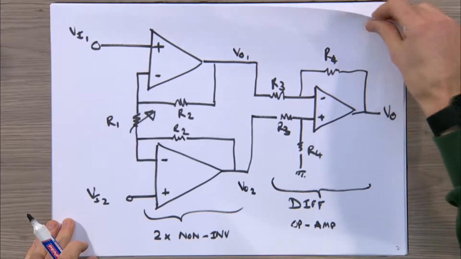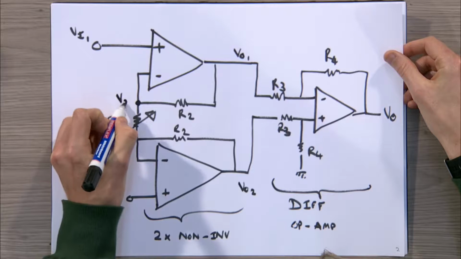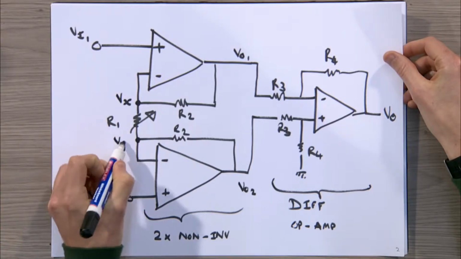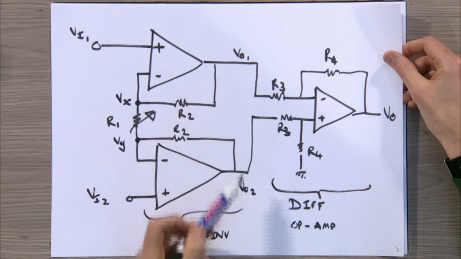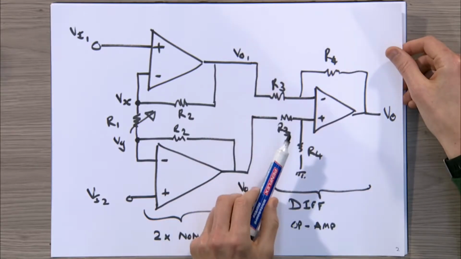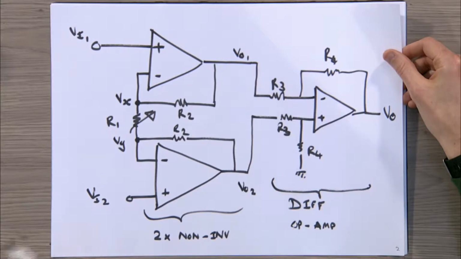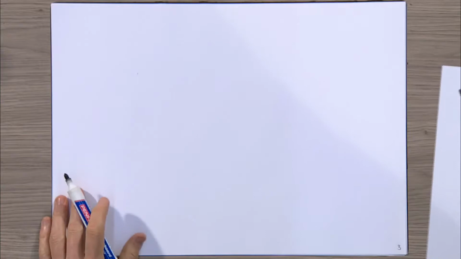Okay. So let's analyze. We're going to do node analysis at this point, which I'm going to call Vx, node analysis at that point, which I'm going to call Vy, and then that will help us to determine Vout1 and Vout2, which we will plug into our equations for the ideal difference amplifier, and will give us eventually an equation for Vout. Okay.